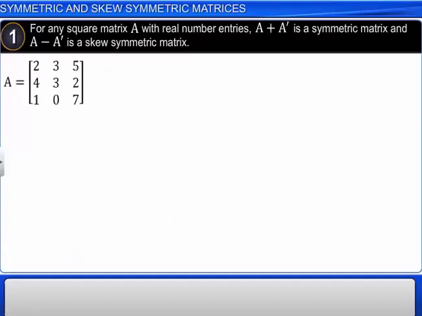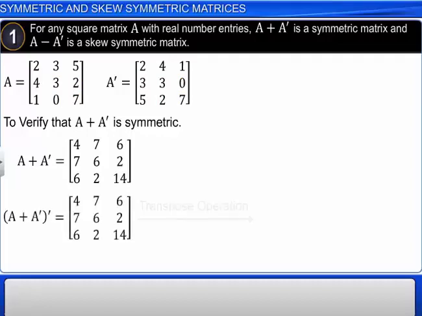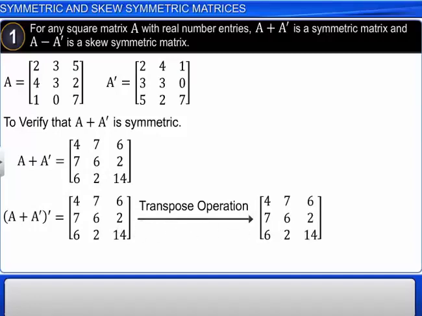Let's verify the theorem with an example by using matrix A as shown. The transpose of A is also shown. First, let's verify whether A plus A transpose is a symmetric matrix. The matrix A plus A transpose is as shown. If we take transpose of this matrix, we find this equal to the matrix A plus A transpose, which verifies the first part of the theorem.